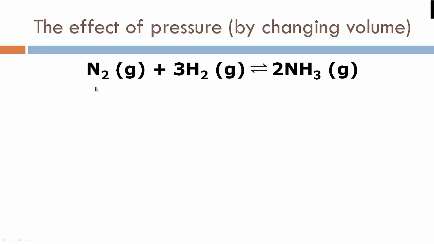So let's say that you had 0.5 moles of N2 and 0.5 moles of H2 and 0.5 moles of NH3, and let's say it's at equilibrium inside a container that has a volume of 1 liter. Well, we can calculate molarity. Molarity is 1 molar, or 0.5 molar. Let's say I take that same container and I decrease the volume.